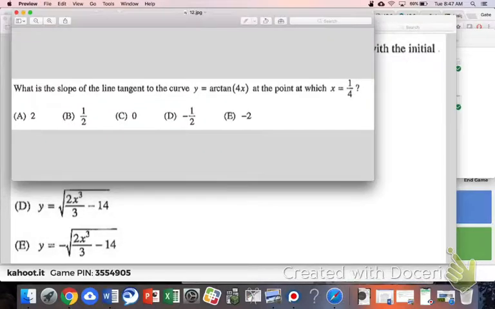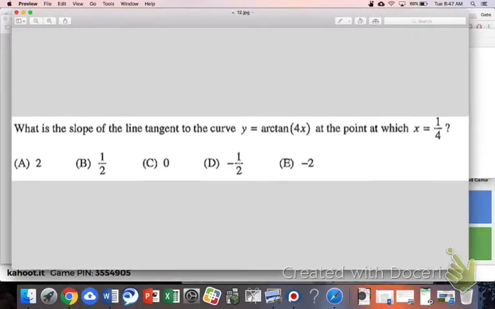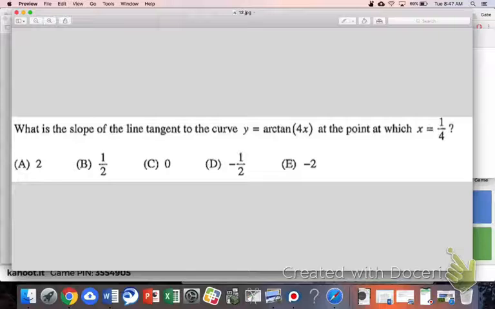So let's see here. The majority of you did not quite get this one. As I was walking around, certainly a number of folks were like, if only I could remember what the derivative of arctangent was. So let's talk about it really quick.